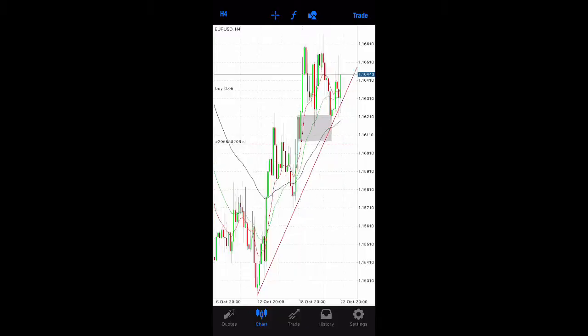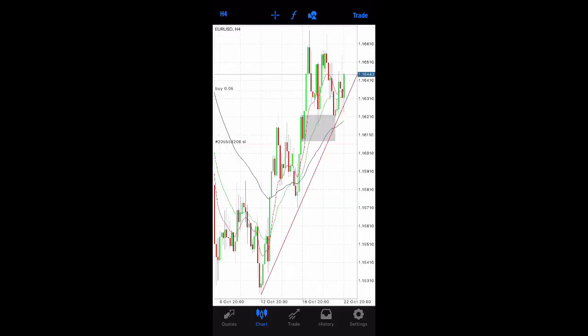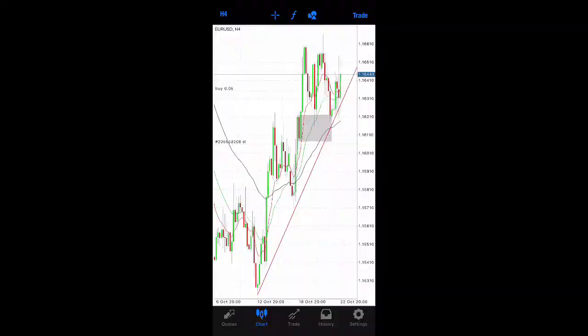After that, it also gave us a zone, which is this zone right here. This is a zone, guys, but I'll explain supply and demand zones as we progress.